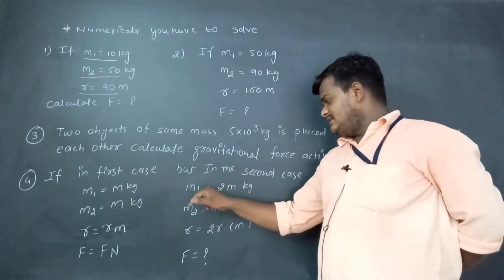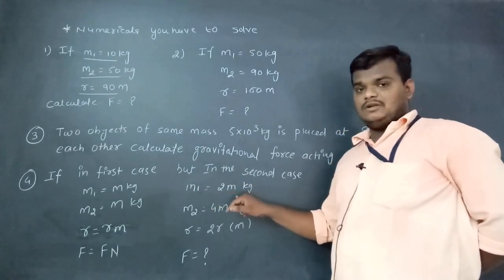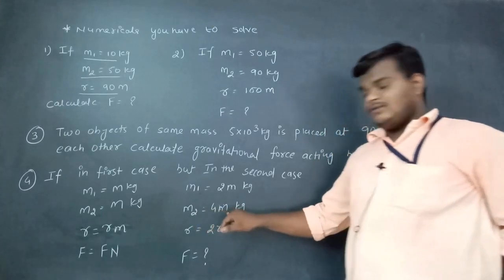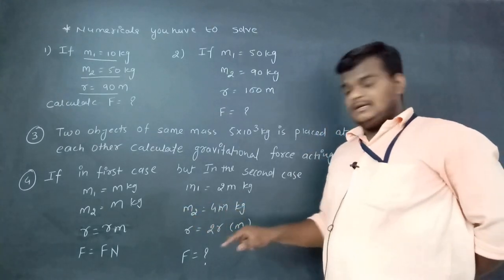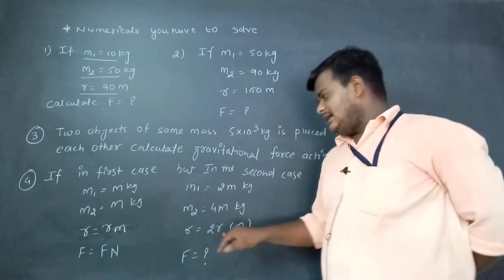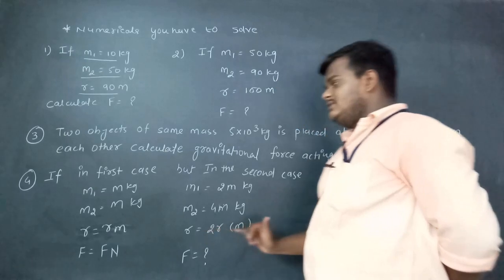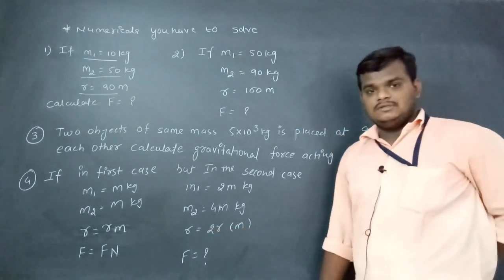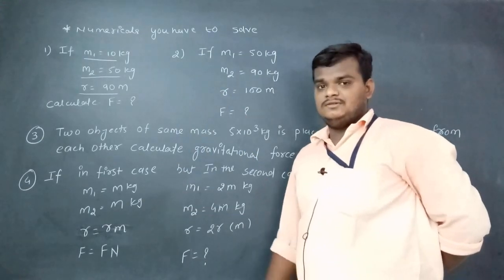If m1 is 2m kg, मीन्स अब मास डबल कर दिया फर्स्ट बॉल का, and m2 is 4m kg, सेकेंड का 4m kg कर दिया, and the distance between them is 2r, जो पहले r था अब क्या कर दिया, डबल कर दिया. Now in that case, what will be the force that you have to solve by the use of this relation. Thank you.